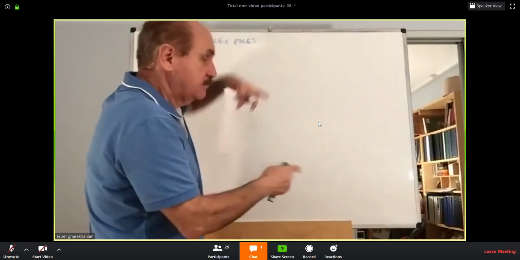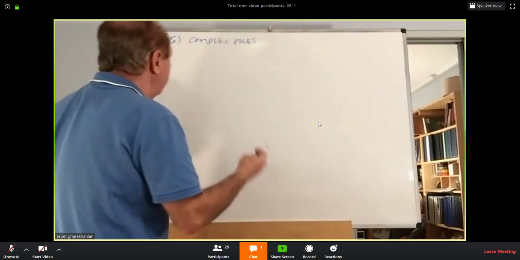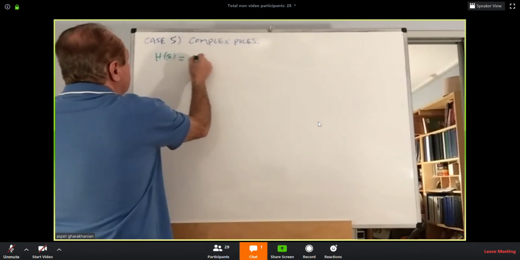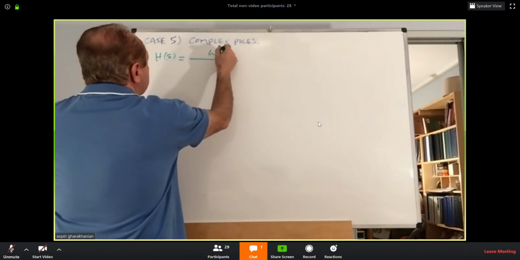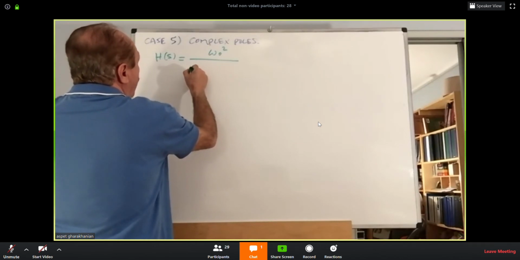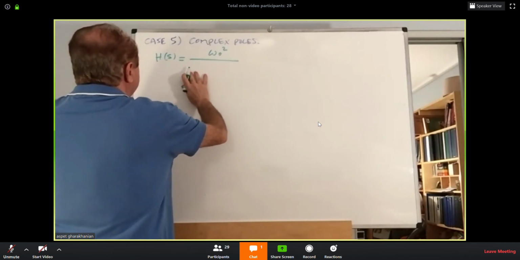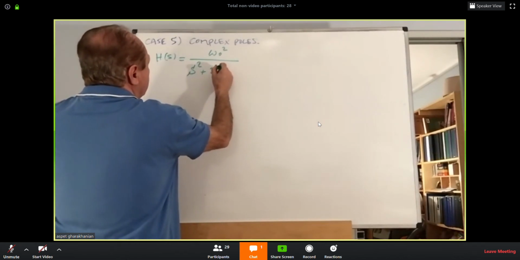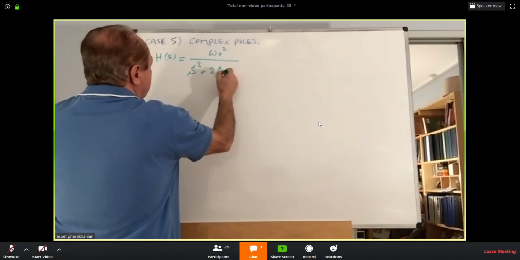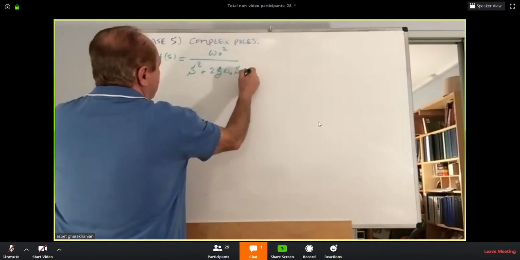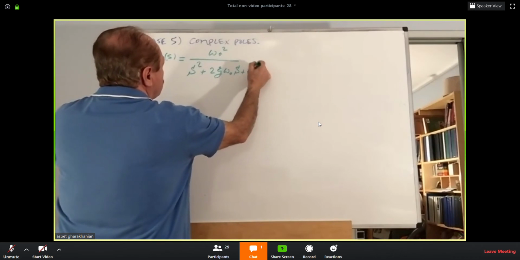Generally, the function will look like H of s equals omega O squared over s squared plus 2 zeta omega O s plus omega O squared.